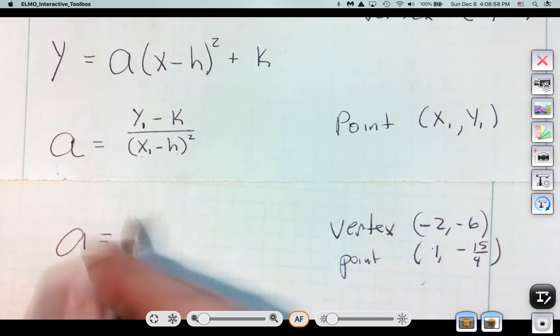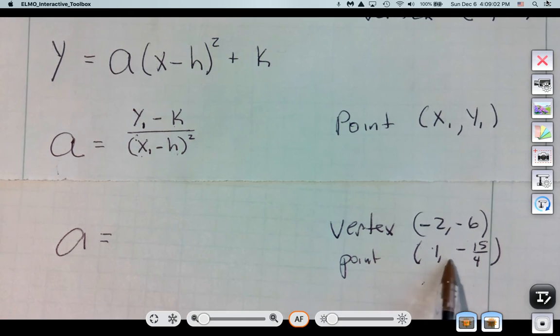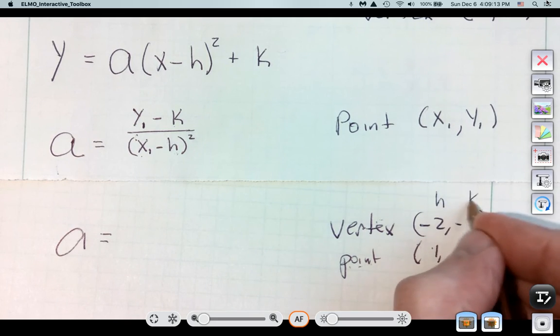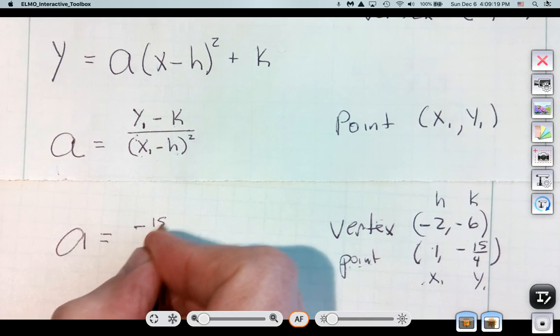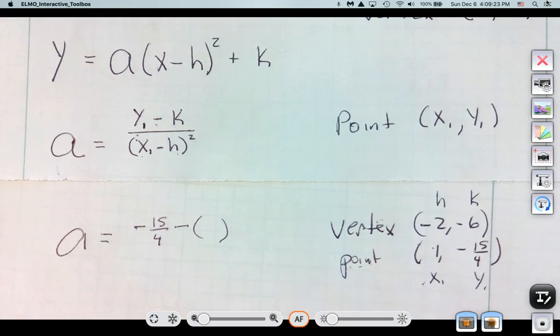a is equal to, now again, I need to find my y1. Now this, again, if it helps, make sure you realize the point is the x1, y1. The vertex is your h and your k. So y1 will be the negative 15 over 4 minus my k value.